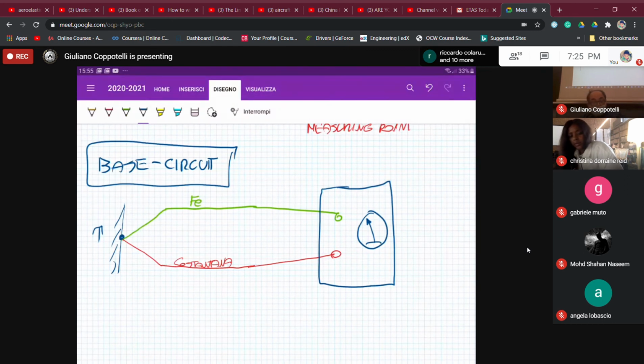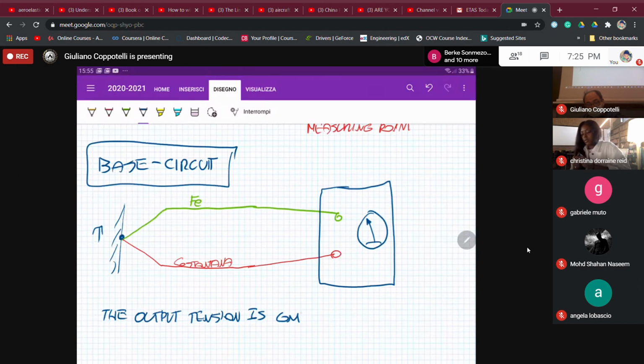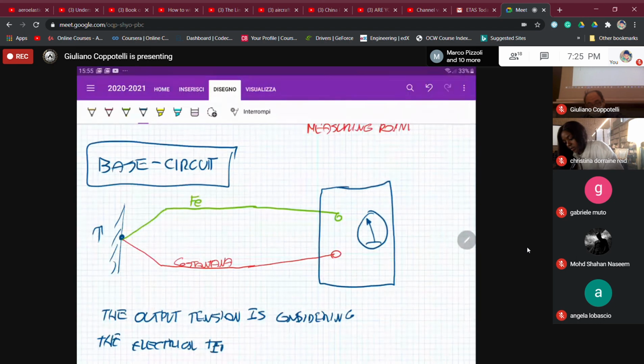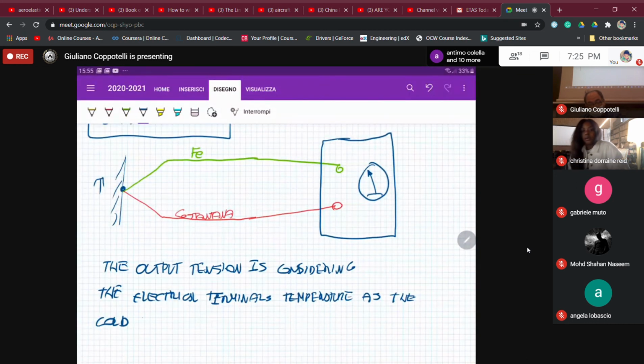Please note that this output tension is considering the electrical terminals temperature as the cold temperature.